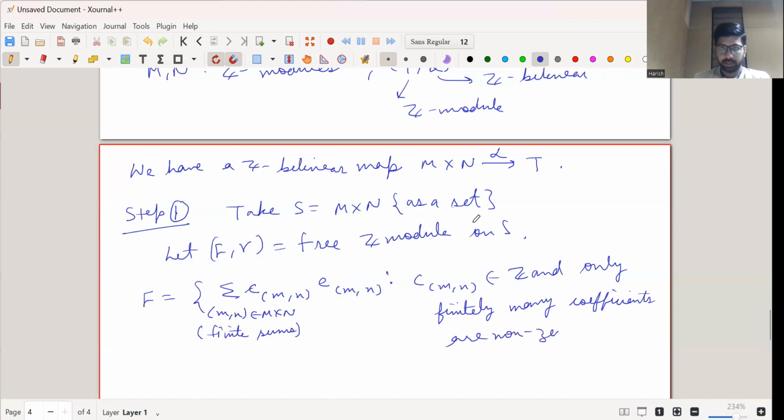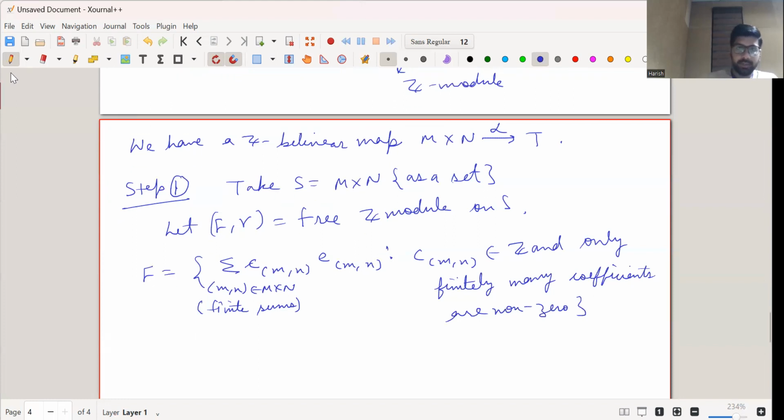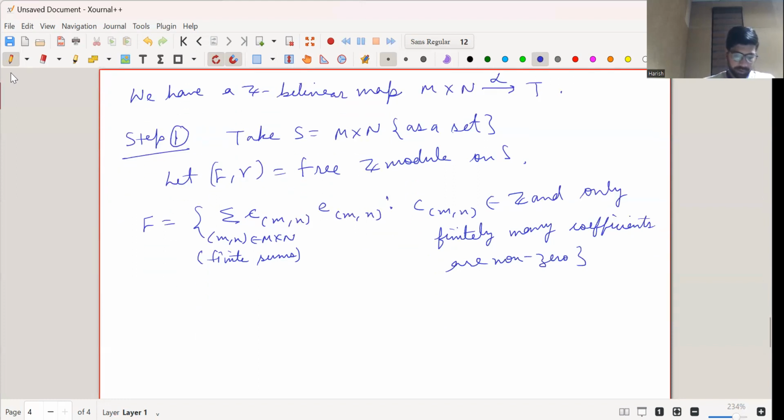Okay, so except for finitely many things, this CMN should be zero. So this is the definition of a free module over M cross N.